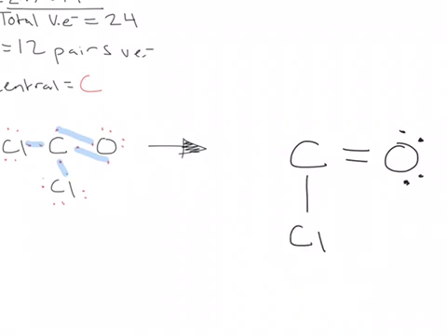Single bond with chlorine here, and that leaves 3 lone pairs there. A single bond again, chlorine, and that is your answer.